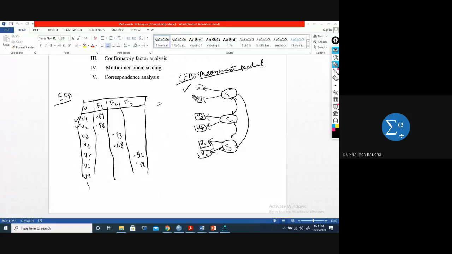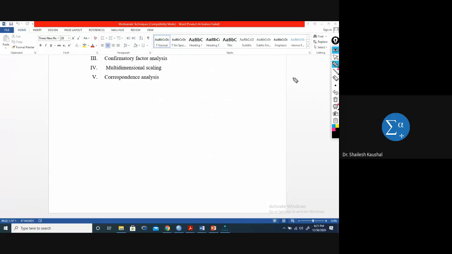Okay, so this is the confirmatory factor analysis. First of all we confirm our factor analysis, and after that we specify the model like this. For example, this one is f1, and then the other variables f2 and f3.